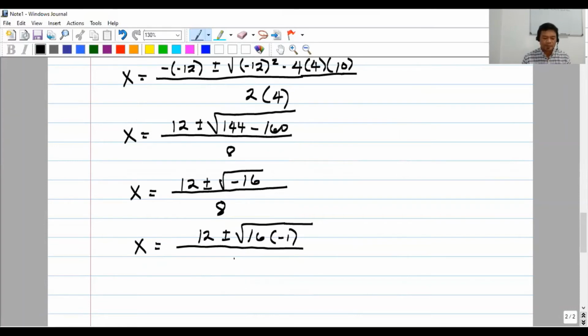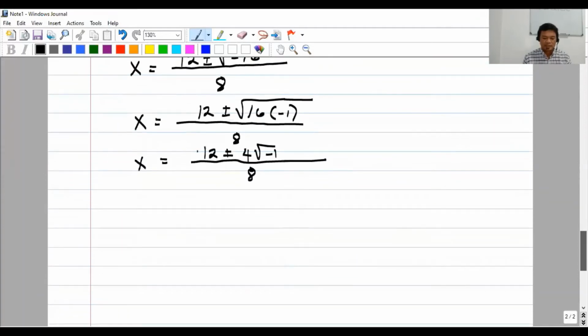Okay, so we have 8 here, and therefore we have 12 plus minus square root of 16 is 4 times square root of negative 1 over 8. Okay, so we have x is equal to, now we can factor out the common factor here, which is 4.